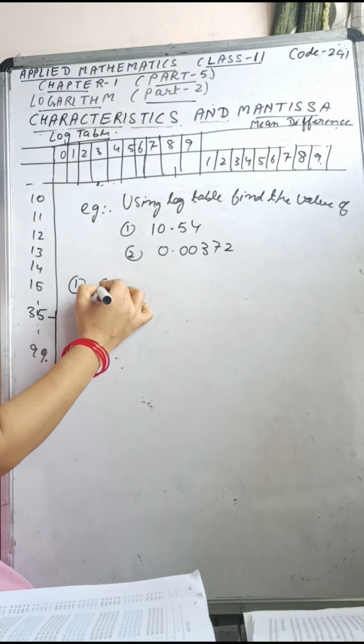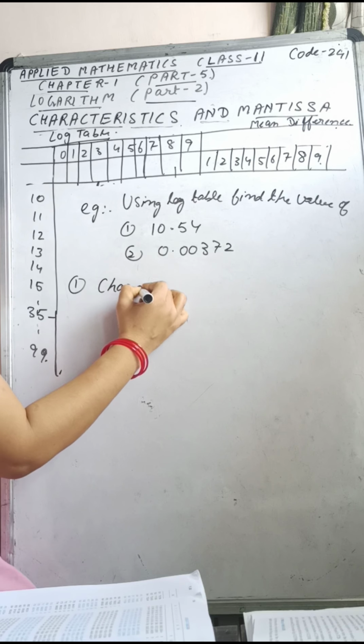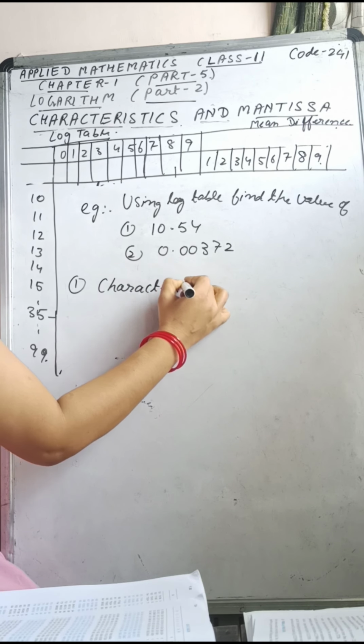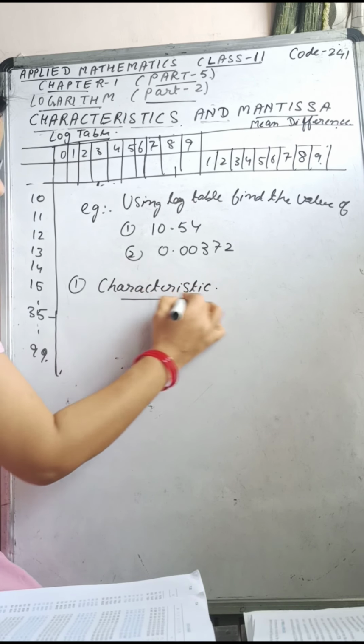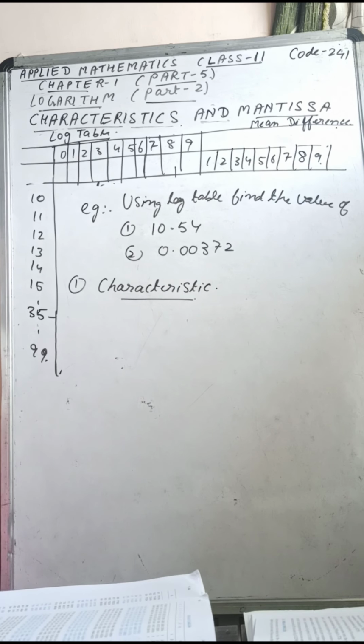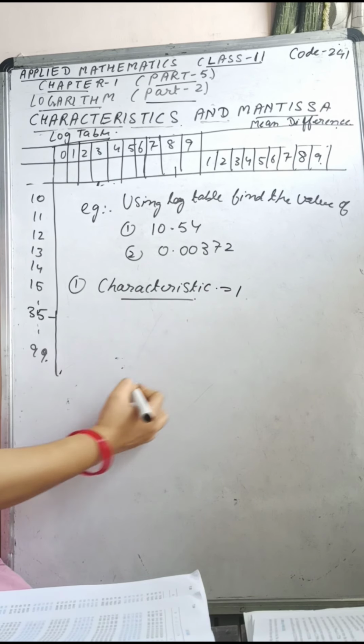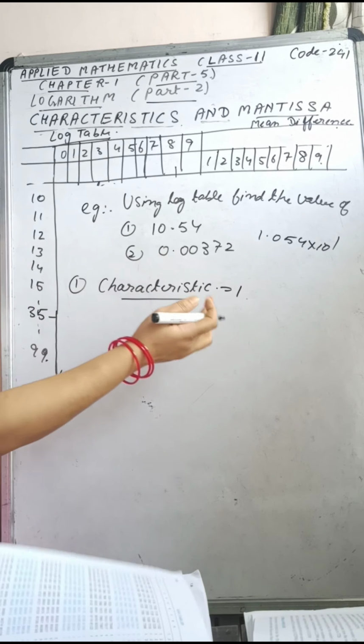For the first question, the first step is the characteristic. The characteristic you always have to express in standard form, and whatever is the power, that is the characteristic. So the characteristic equals 1. Otherwise also, 2 digits, 2 minus 1 is 1.